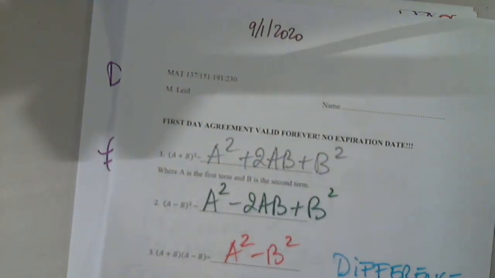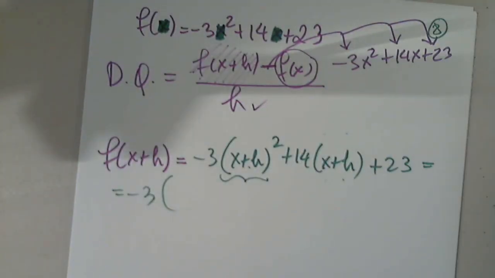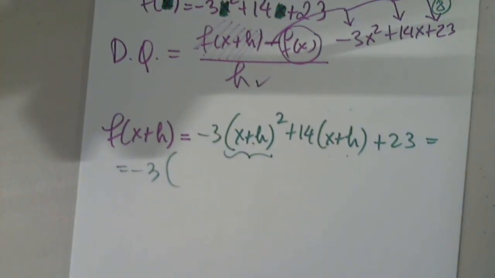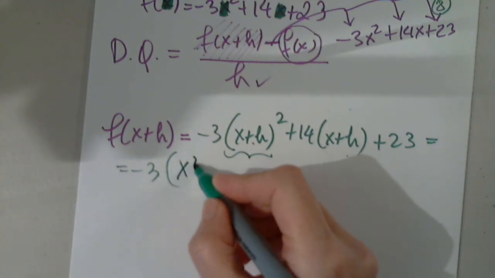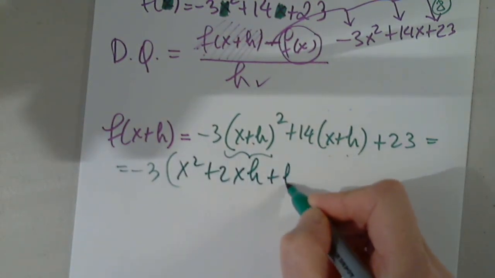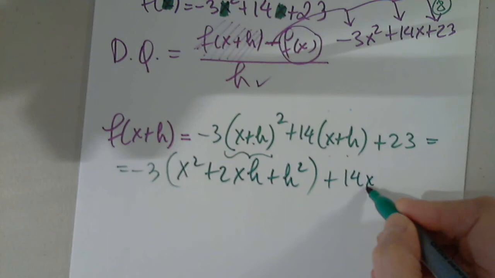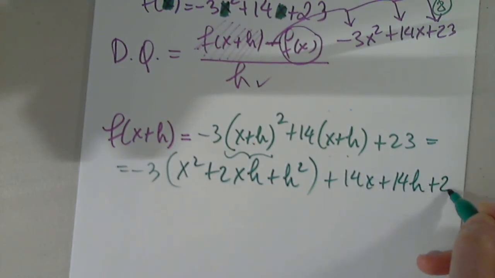You get 3. Thank you. And those three terms are? x squared plus 2xh plus h squared. Great job. Plus 14x plus 14h and plus 23.